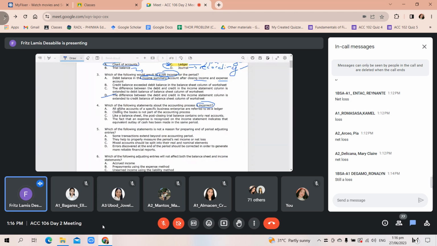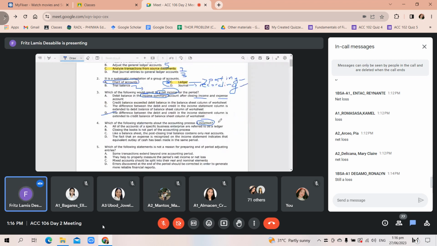Letter A, all of the accounts of a specific business enterprise are referred to as a ledger, no? So this one, ang ledger, again, what's the definition? That is the systematic compilation of all the group of accounts.